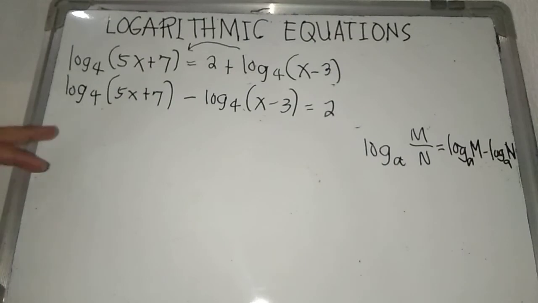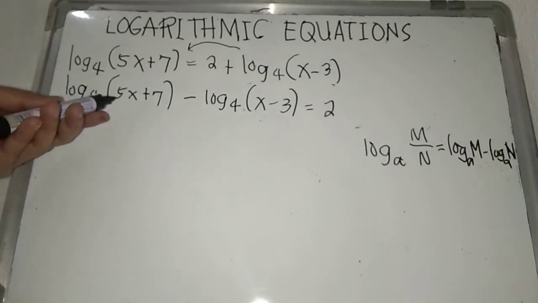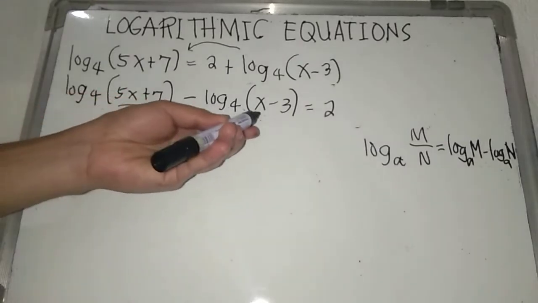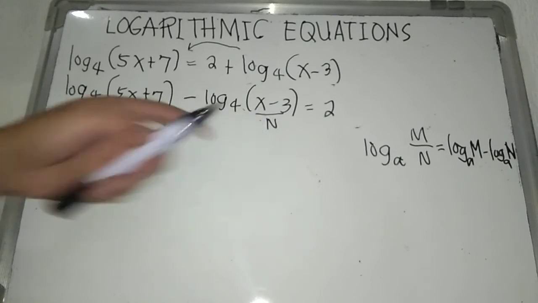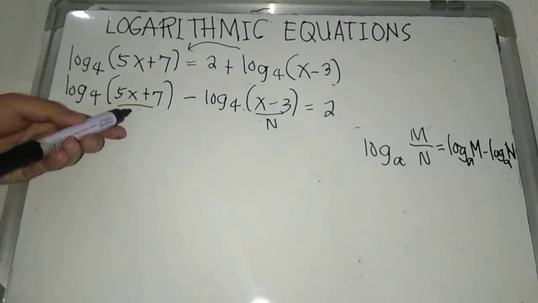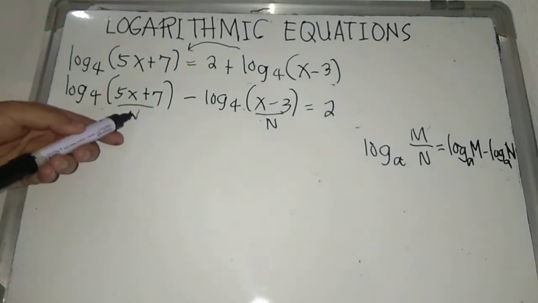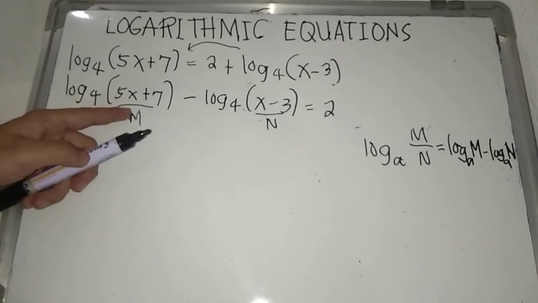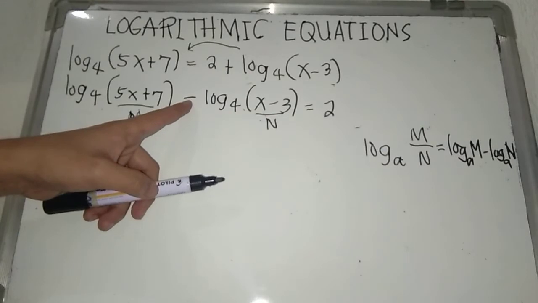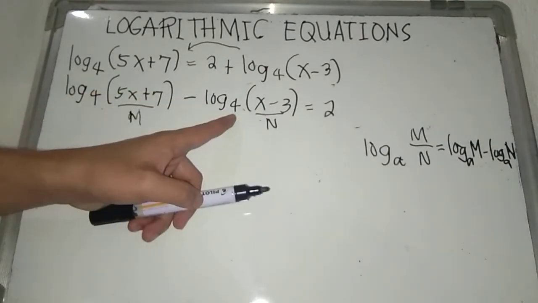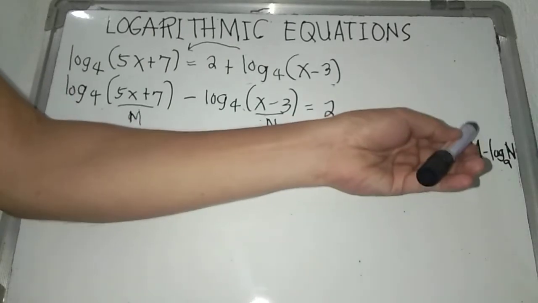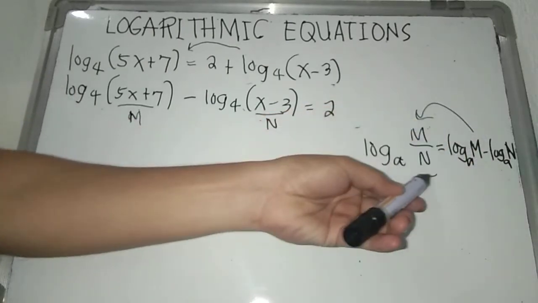Now, if you try to look at the given logarithmic equation, this is our m, and this is our n. And this one has an operation which is a subtraction operation that separates the two log expressions. So we are going to transform this expression into the right one.